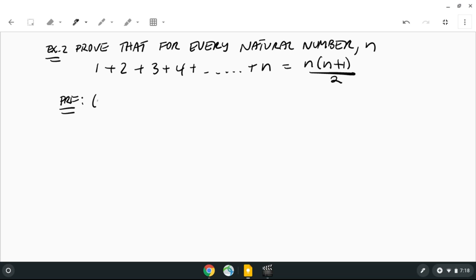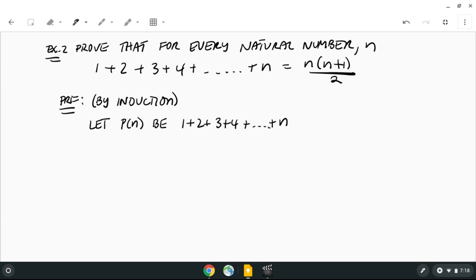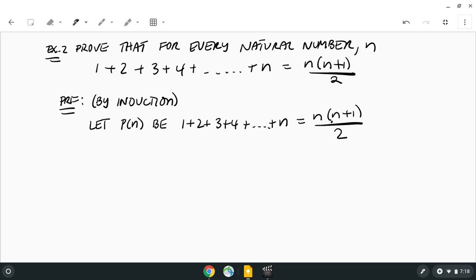Proof by induction. We start off with our P of n statement. Let P of n be 1 plus 2 plus 3 plus 4 plus n equals n times n plus 1 over 2.